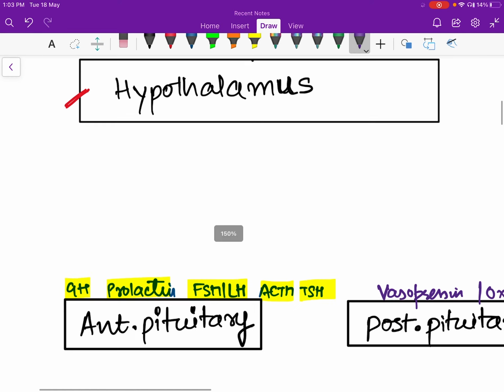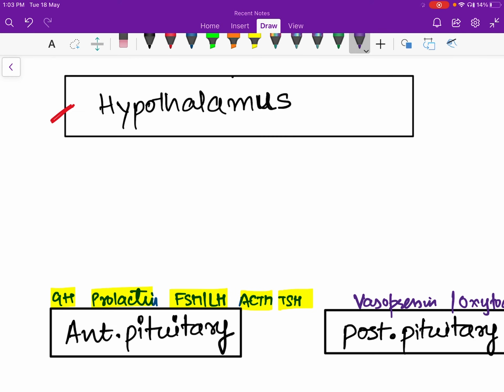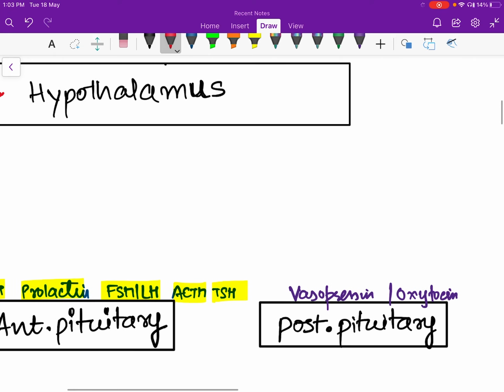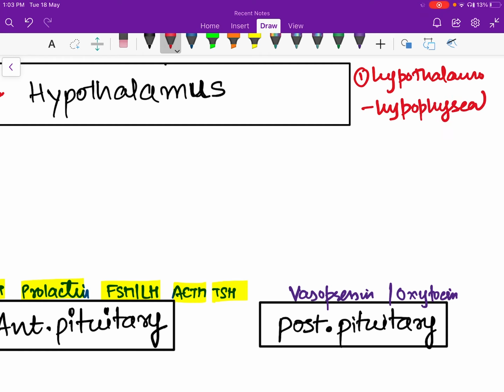Now there are different connections between hypothalamus and the pituitary. First, and one of the most important connections, is called the hypothalamo-hypophyseal portal system.